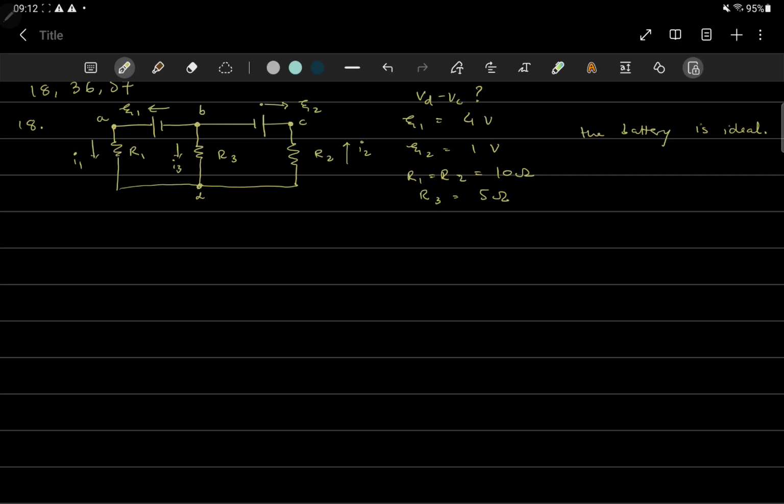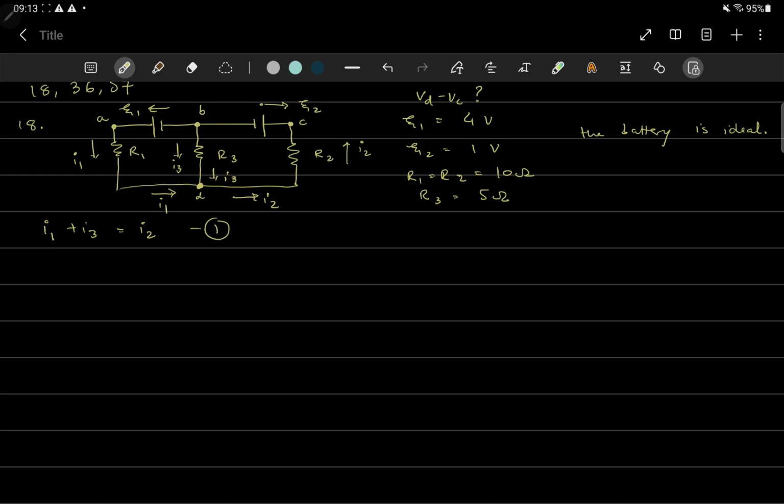At this node, I1 is incoming, I3 is also incoming, but I2 is outgoing. So we can use KCL, the current law, and in that case this will be I1 plus I3, which are the ingoing ones, equals I2, which is the outgoing one. This is one equation from this circuit.